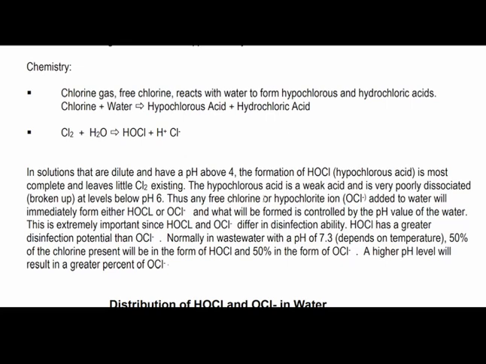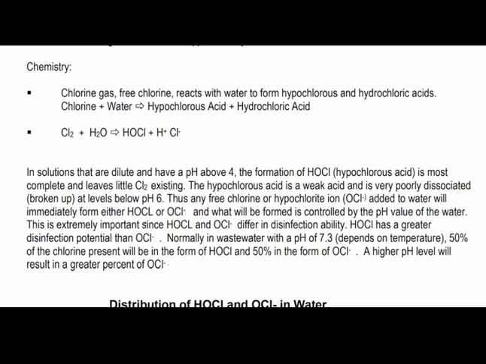Thus, any free chlorine or hypochlorite ions, OCl-, added to the water will immediately form either HOCl or OCl-. And what will be formed is controlled by the pH value of the water.